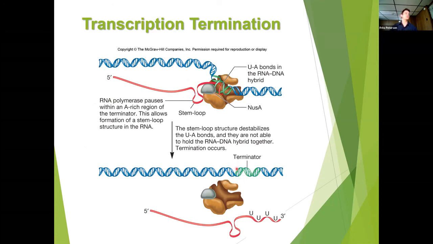So here, this is your termination sequence in your DNA. The RNA moved along, hit the termination sequence, and then both the RNA polymerase and the RNA strand are separated from the DNA strand.